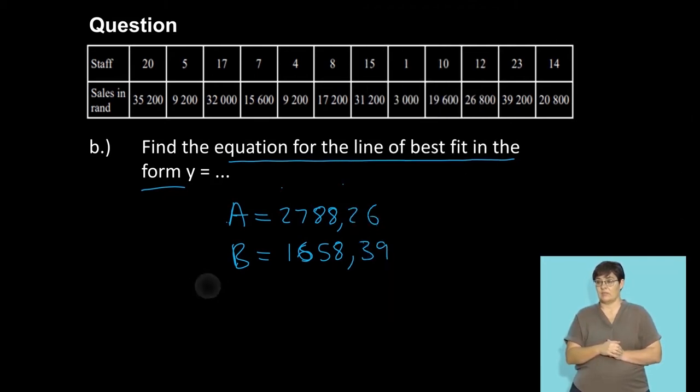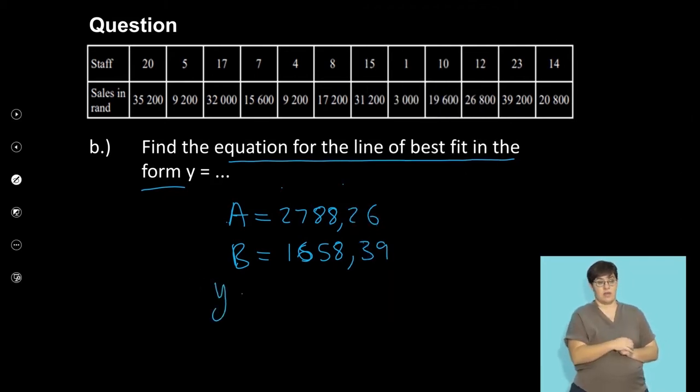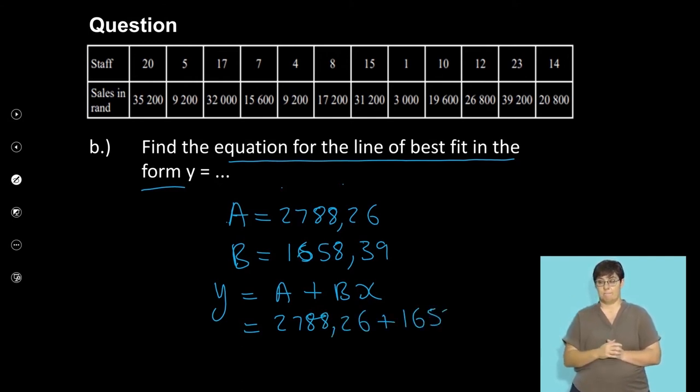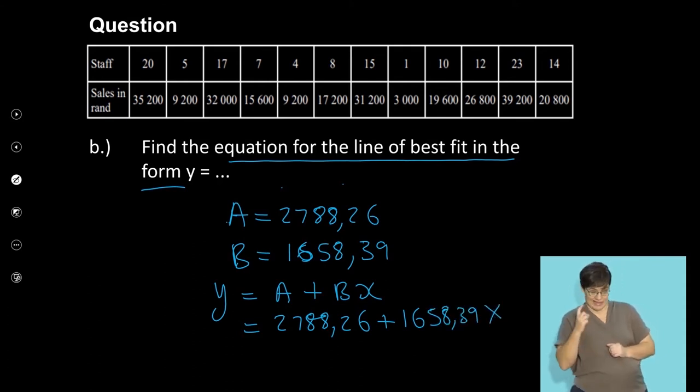So we know that Y equals A plus BX, and we already have our A and B. What is our A? It is 2788.26 plus B, which is 1658.39X. So that's our regression. We did find the equation of the regression.